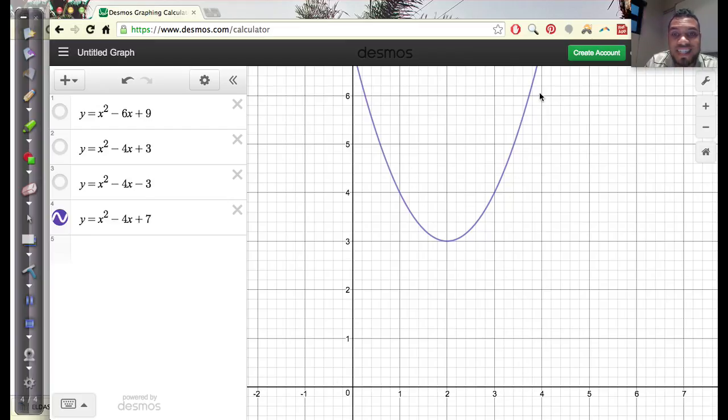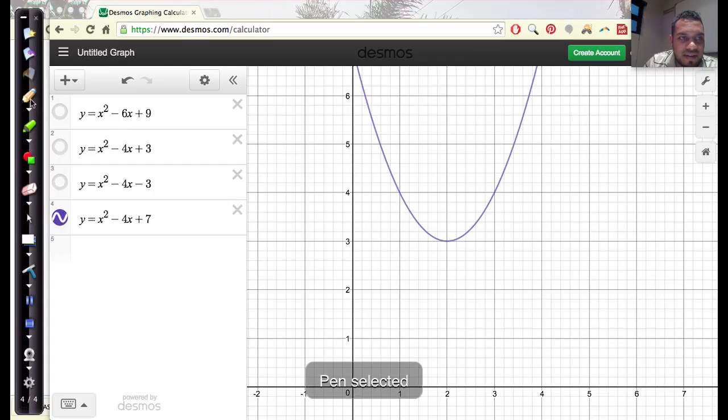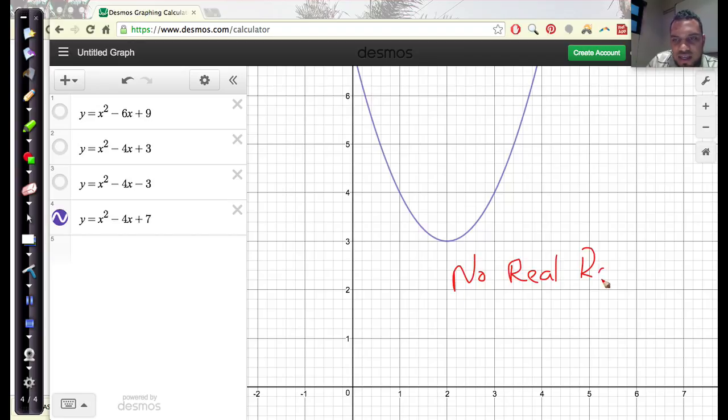In fact, we don't see anything about where this curve cuts the x-axis. So when we look at this curve, I'm not going to highlight any roots now because this curve has no real roots. In other words, no roots that fall on the Cartesian plane here, mapping the real numbers to the real numbers, because there are no real roots.